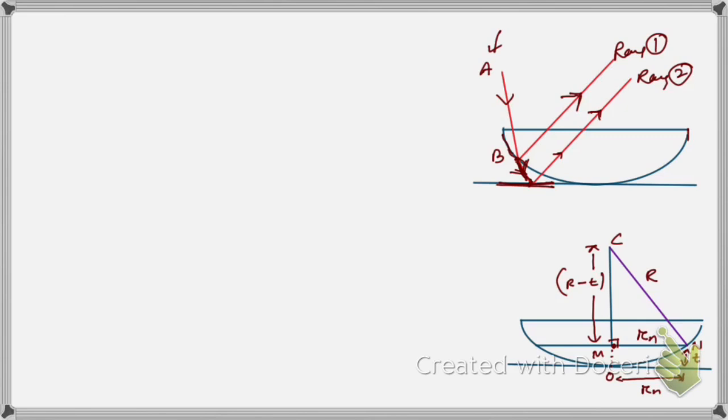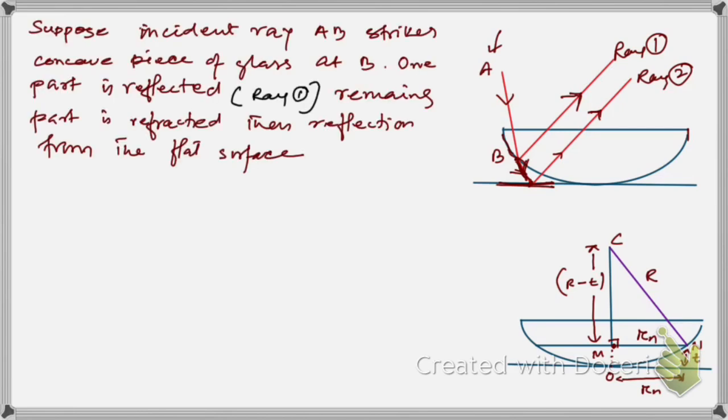So the incident ray AB strikes the concave piece of glass at B and is reflected, which is ray 1. The remaining portion is refracted through this air gap and then reflected by this plane surface, and this reflected ray is ray 2.